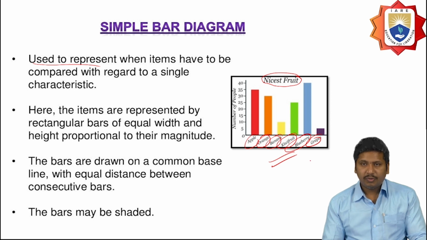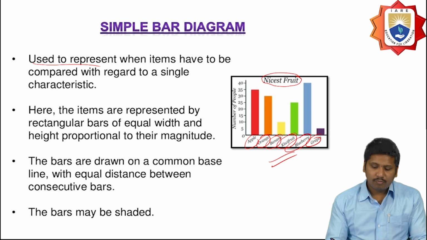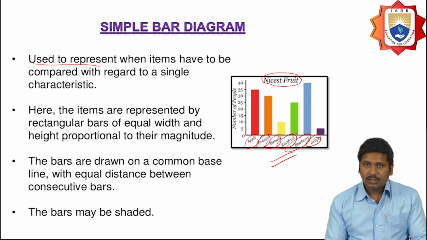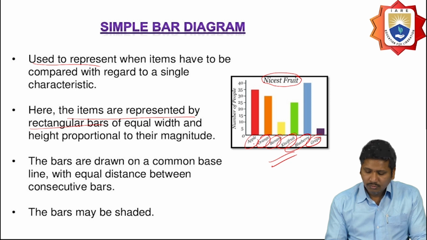For that, you make a simple bar diagram. When I apply this, the bar diagram applies to a single characteristic only. Okay, so at that time I have to use a simple bar only. Here the items are represented by rectangular bars of equal width, and the height is proportional to the magnitude.